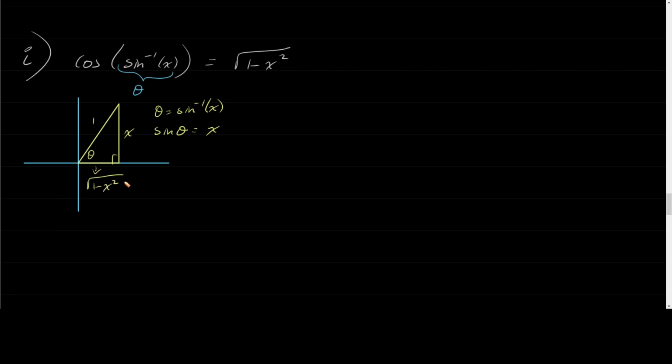All right. And at that point, cosine of this angle, cosine is adjacent over hypotenuse. So right away, look at that. Cosine of theta would be adjacent over hypotenuse, so the square root of 1 minus x squared over 1, which is simply the square root of 1 minus x squared.